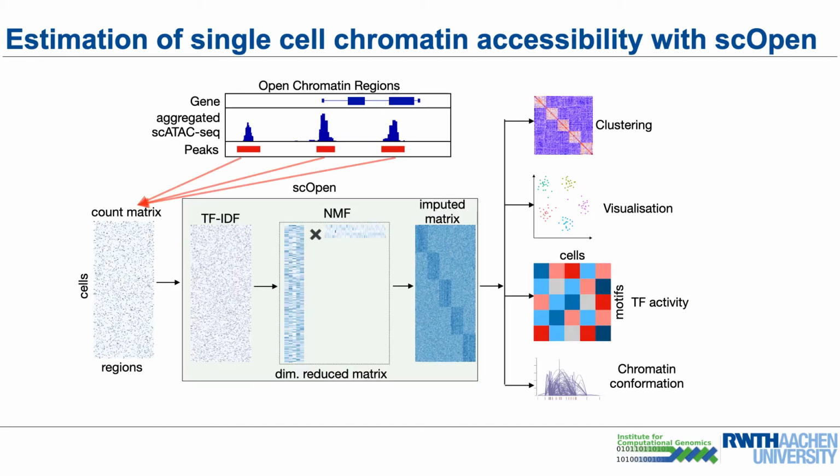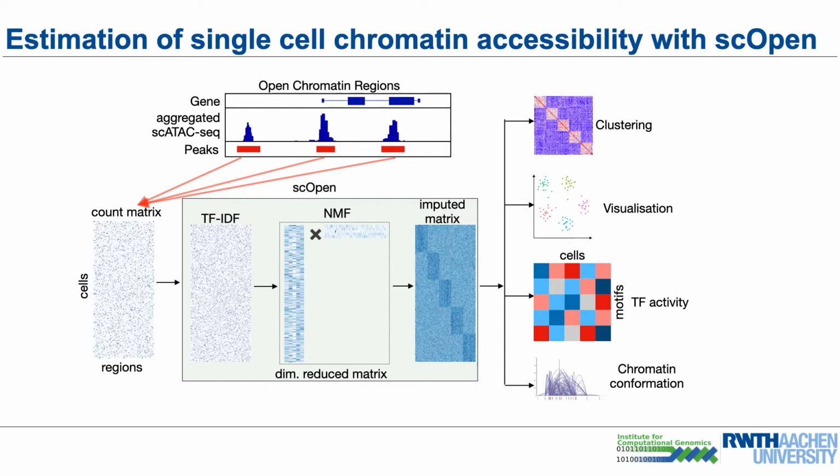Here, to address these problems, we developed a computational method called SOpen to estimate the chromatin accessibility of each single cell for each peak. The theory behind SOpen is we can try to impute this binary matrix using a machine learning model called regularized non-negative matrix factorization.